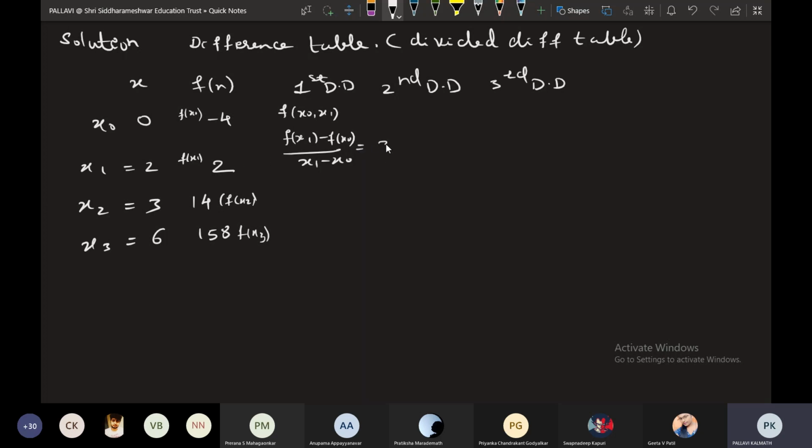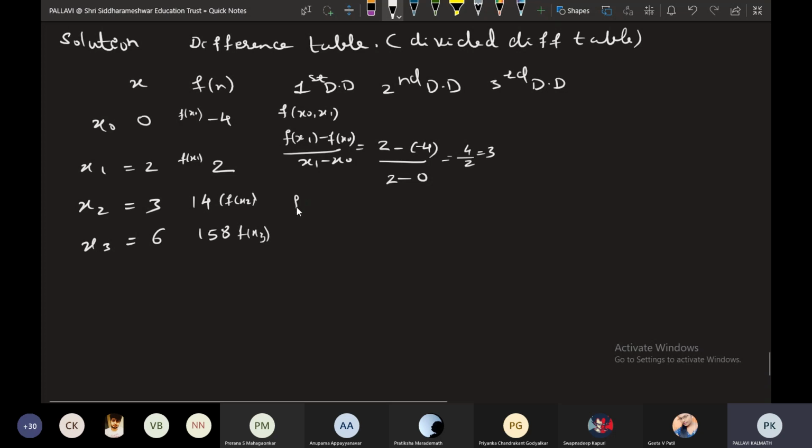It is 2 minus f of x naught, which is minus 4, divided by x1 minus 0. How much will this be equal to? 3. It is equal to 3, that is 6 by 2. Okay.